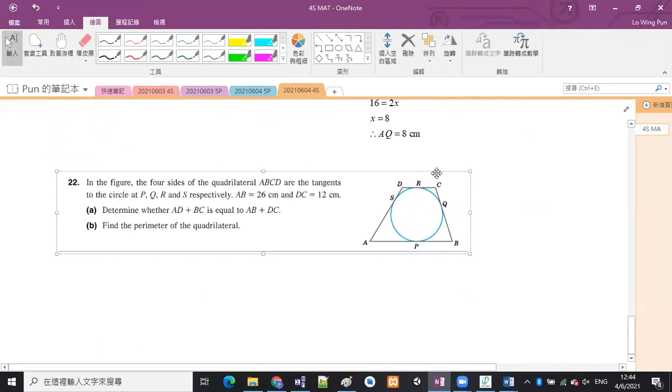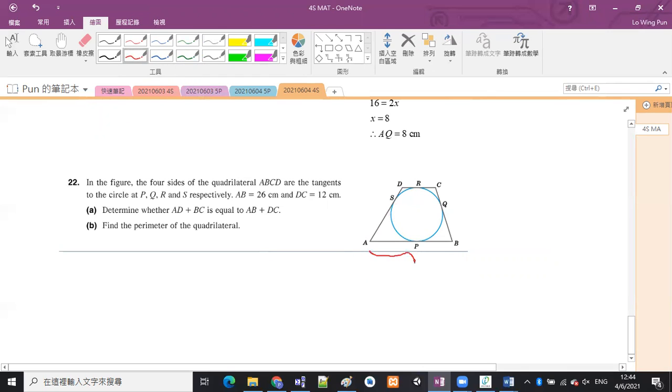Number 22. In the figure, the four sides of the quadrilateral ABCD are the tangents to the circle at P, Q, R, S respectively. AB is 26 cm and DC is 12 cm. Determine whether AD plus BC is equal to AB plus DC.